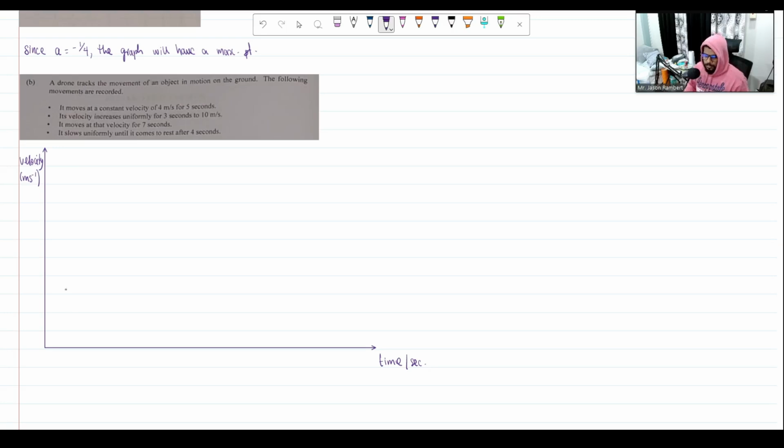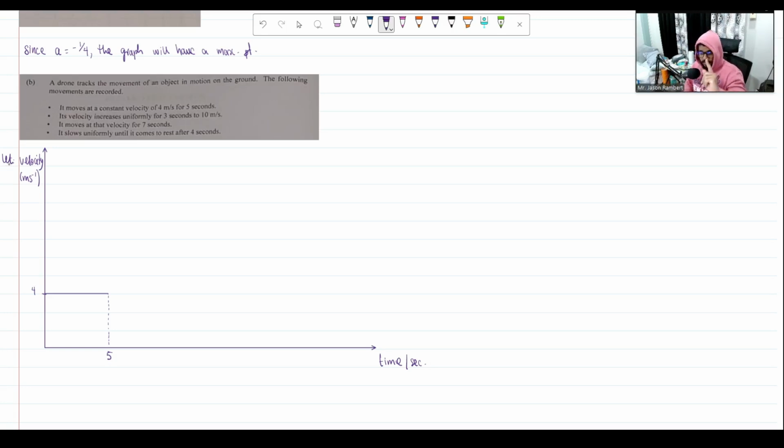So 4 meters per second is where it started recording. I'm going to put 4 meters per second here, and it moves at a constant velocity for 5 seconds. I will label the parts of the journey O, A, B, C, and so on.